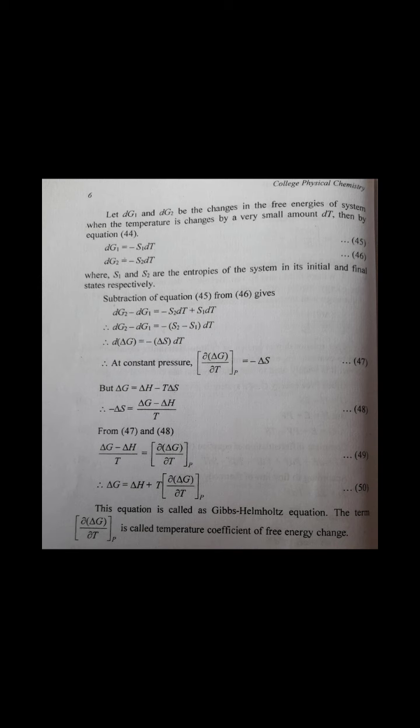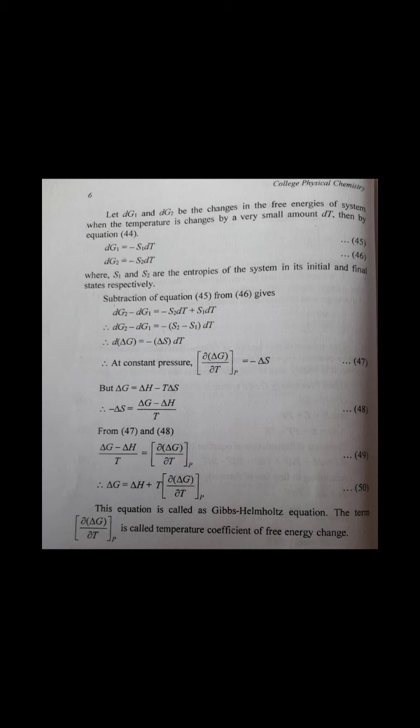Now in the Gibbs free energy equation, delta G is equal to delta H minus T delta S. So here minus delta S is equal to what? Delta G minus delta H upon T. Okay.